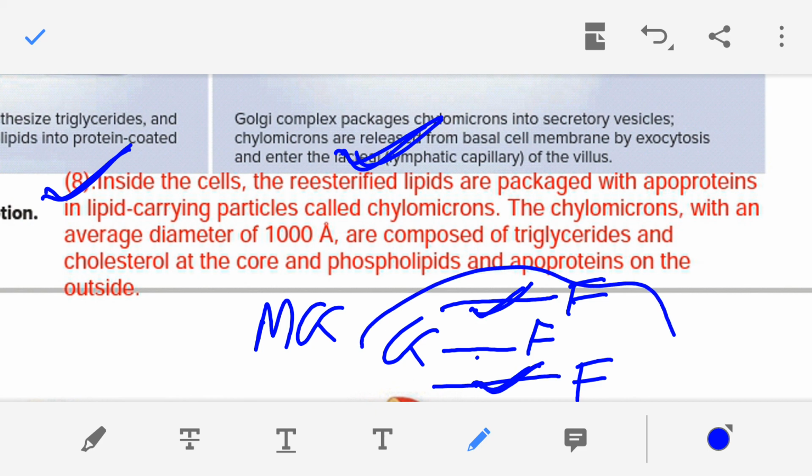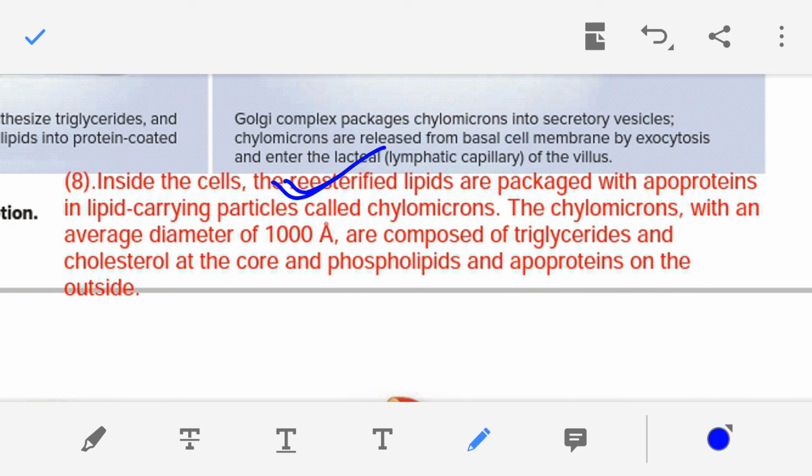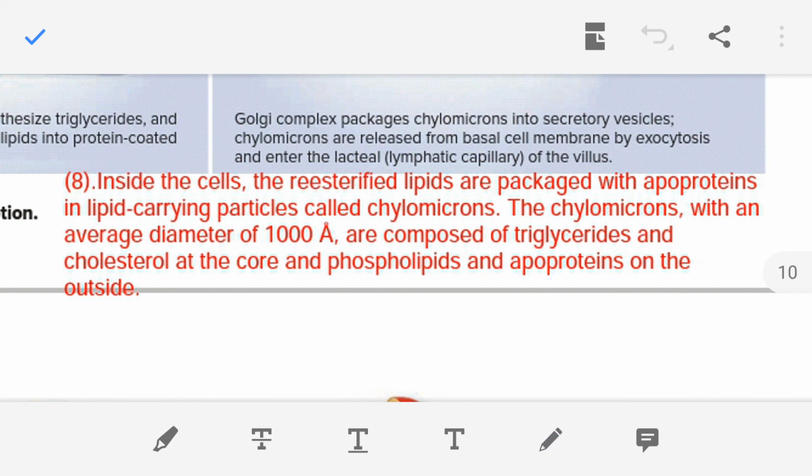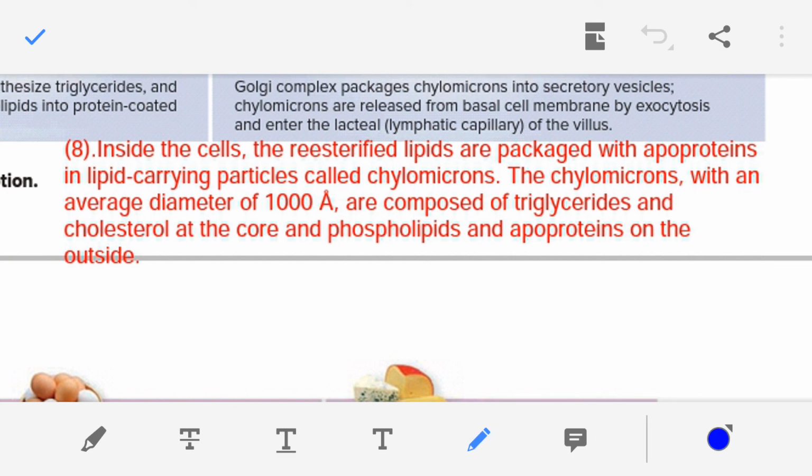So that's why we can say these new lipids are esterified lipids.